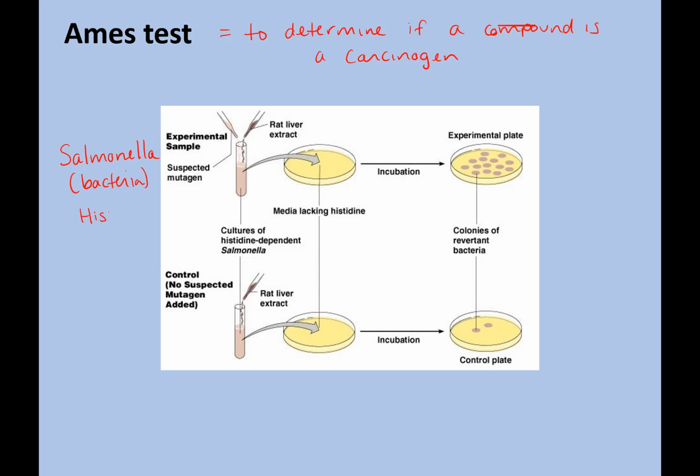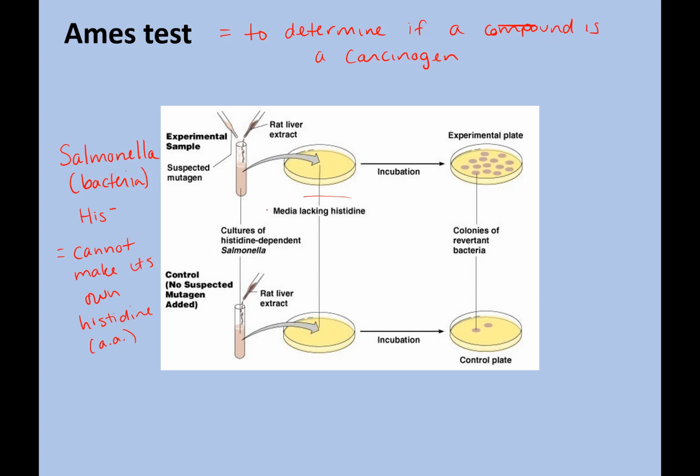We call it His minus, means cannot make its own histidine, which is an amino acid. And without this amino acid, you can't make all your proteins. So Salmonella, this mutant, is defective, and it has to have histidine in order to live on the media when we plate it.